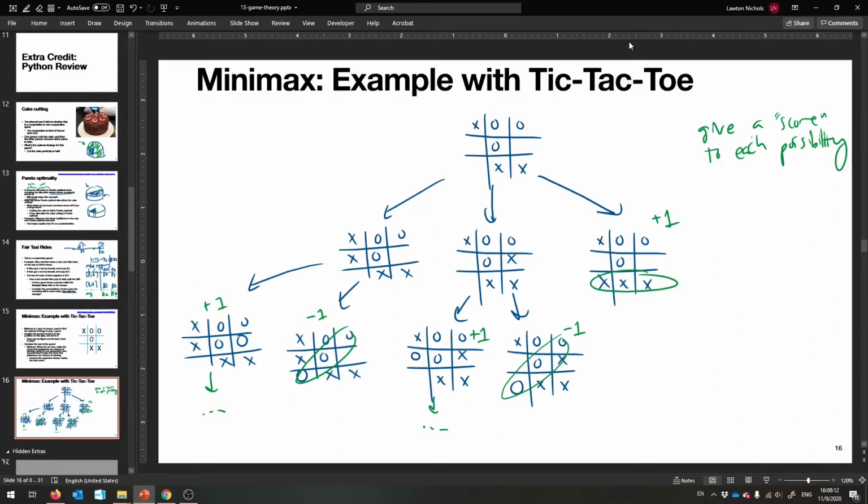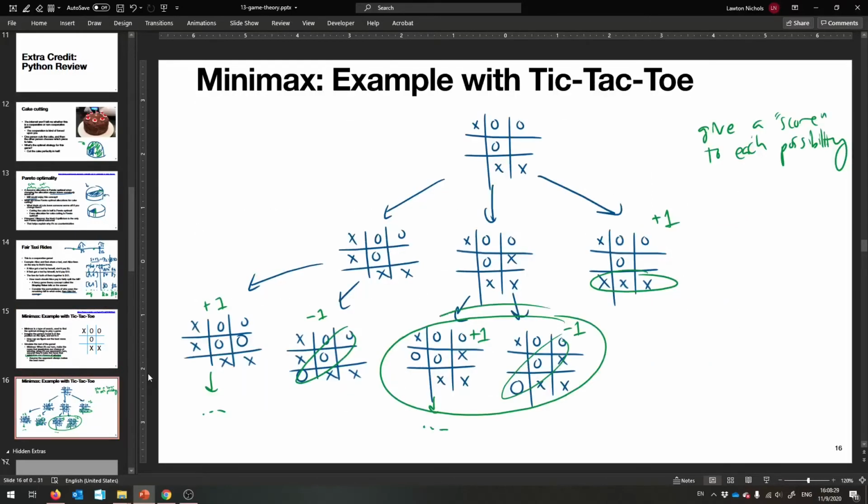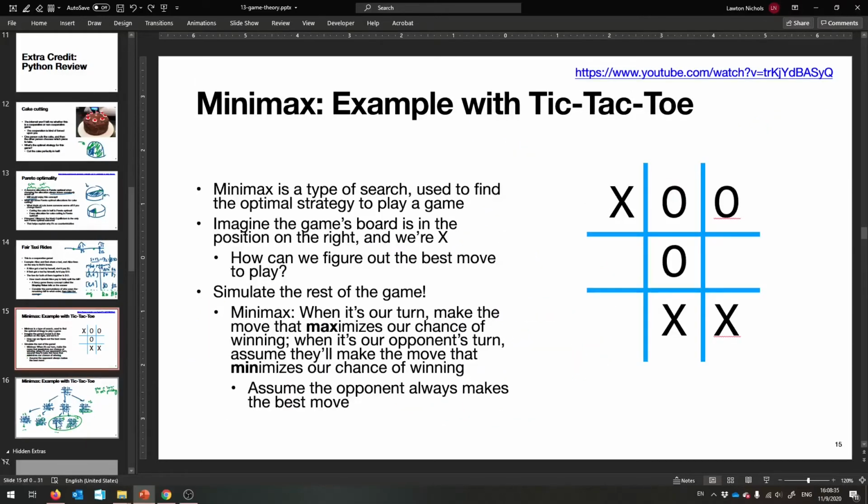And, okay, so now, how do you bring these scores back up the possibility tree? The idea is, this was the opponent's turn. What they're going to do, remember, is to minimize our chance of winning. So we're going to pretend that our opponent is going to minimize our chances of winning.